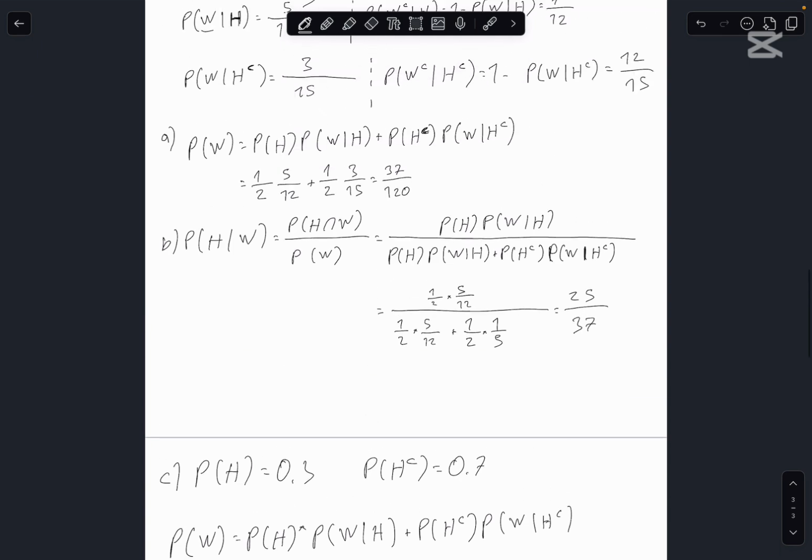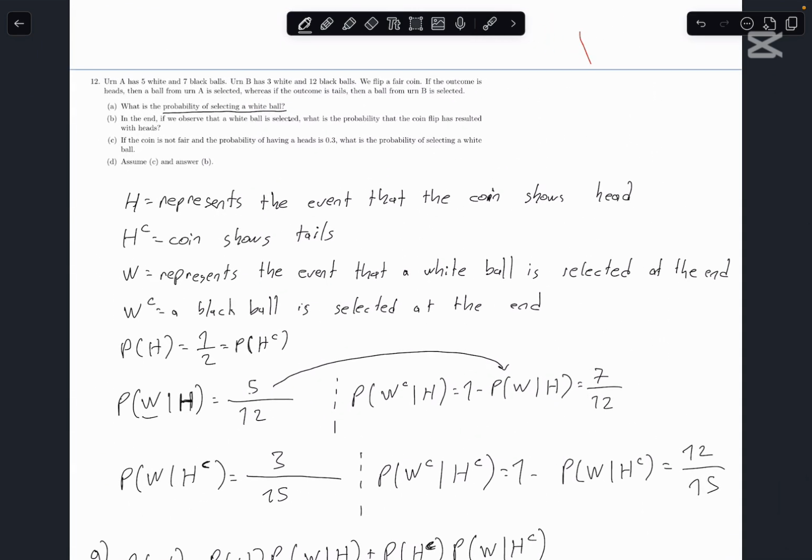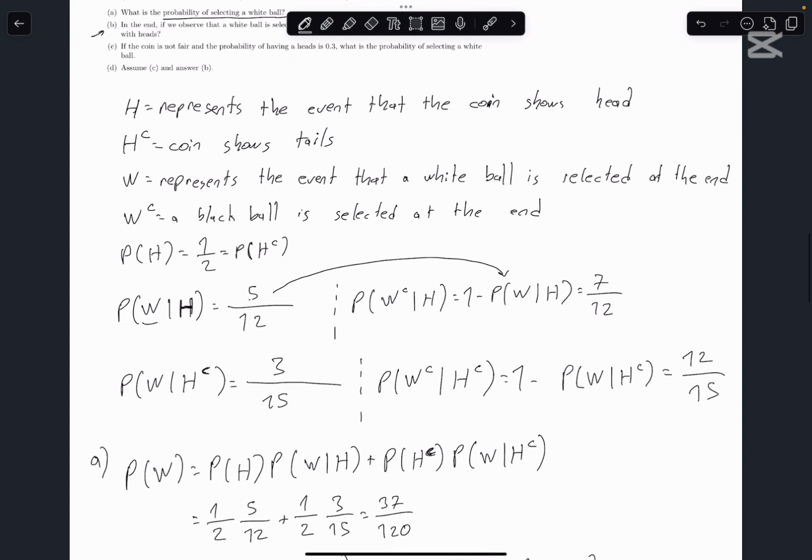Let's solve section D. In section D it says assume C and answer B. So we need to assume the coin is not fair this time and solve the question in section B again.